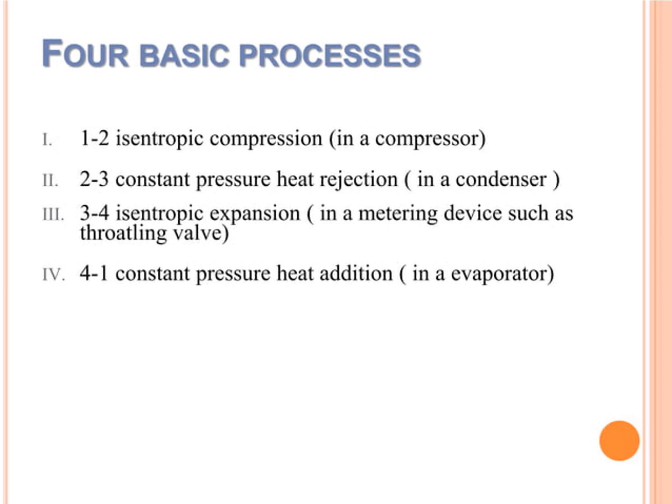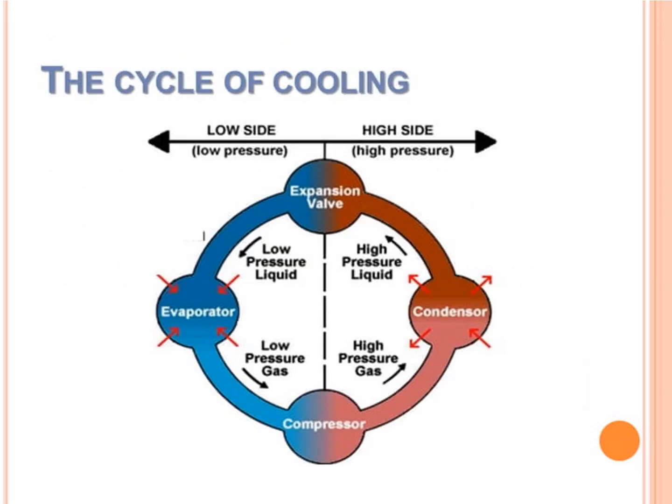And fourth to first is constant pressure heat addition, that is in the evaporator. So the four components are the compressor, condenser, throttling valve and evaporator, with isentropic compression and expansion, and constant pressure heat rejection and heat addition. These are the four basic processes in the refrigeration process.